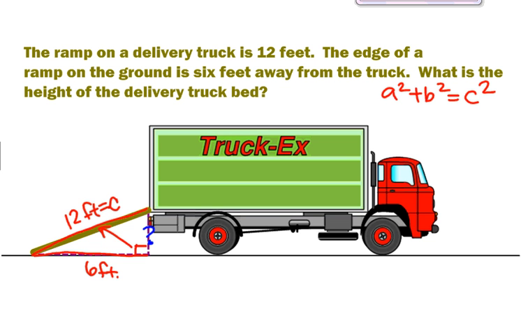Now that to me looks like it's going to be smaller than the other side, so I guess I'll be solving for A. But again, it doesn't really matter as far as calculations go if you put your variable as A or B. What does matter is that you use 12 for C. That is the longest side. I'll go ahead and use 6 as B, and A is what I don't know.